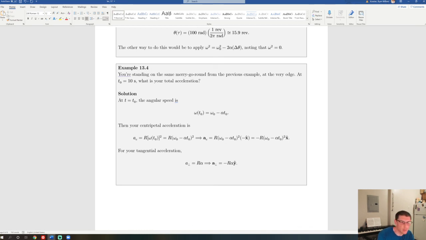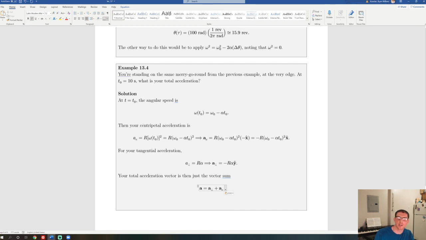Okay, so the final thing to note here is just that your total acceleration vector is then just the vector sum, right? I'm going to call the total acceleration A, and stick with my previous notation for the tangential acceleration and centripetal acceleration.